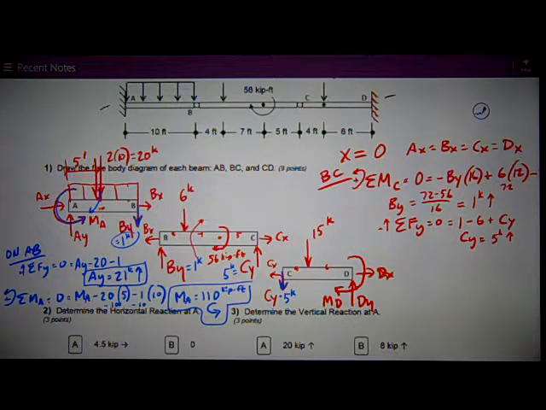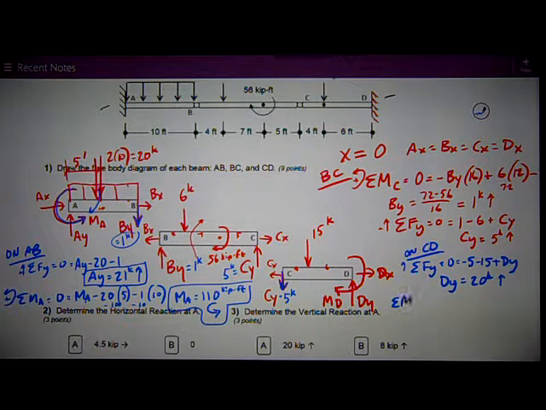Now I can go down at the other end and solve for those on CD. And by the sum of the forces in the Y direction, I've got positive up, I've got negative 5 for CY reaction coming from BC, minus 15 plus DY makes DY equal to 20 positive kips up, therefore the way I assumed it.